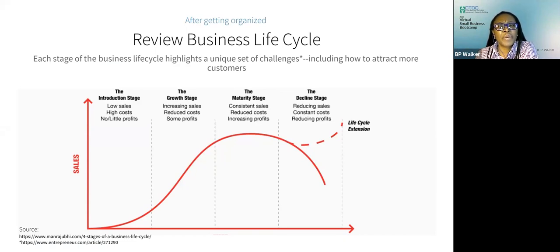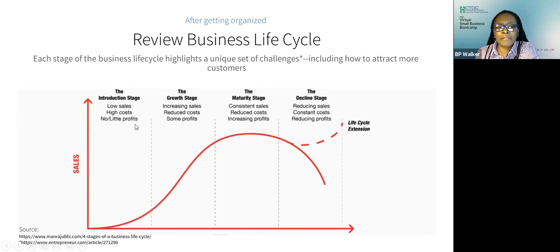So let's review where we are in the life cycle because each stage of the business life cycle has a different set of challenges, and that includes how you approach building your customer base. If you're just starting out, in the introductory stage, your sales might be low, you have high costs, but very little profits.